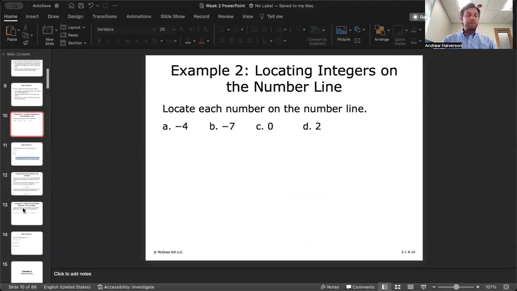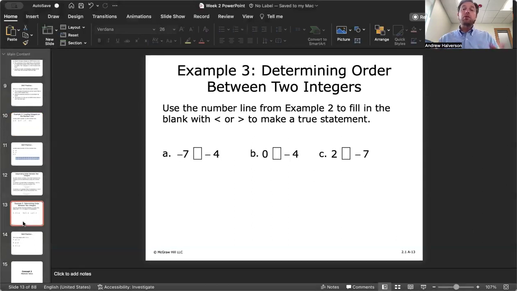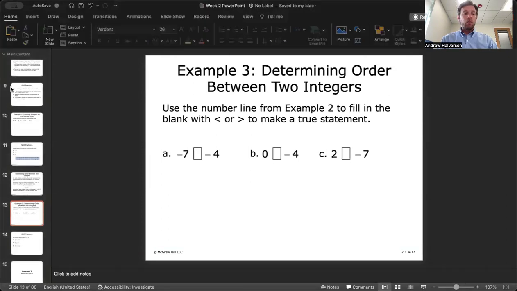All right. Another thing we want to do is be able to compare numbers, which one's larger, which one's smaller, things of that nature. There are 2 ways to go about doing it, and I tend to prefer the number line way of doing things. Let's take a look at our number line here.